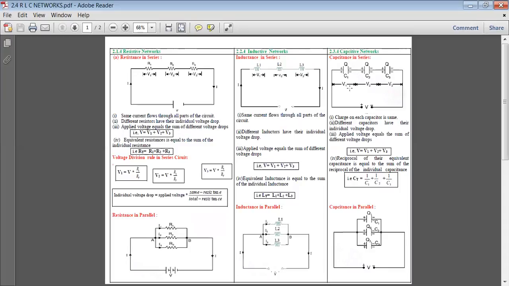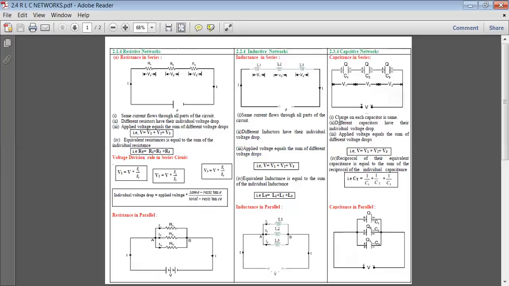Instead of current, we call it charge, Q, Q, Q. Instead of saying current is the same in resistance in series and inductance in series, now we say the charge on each capacitor is the same. Whenever you get a series, we say the current is the same, but instead of current, I call it charge. The charge on each capacitor is the same.